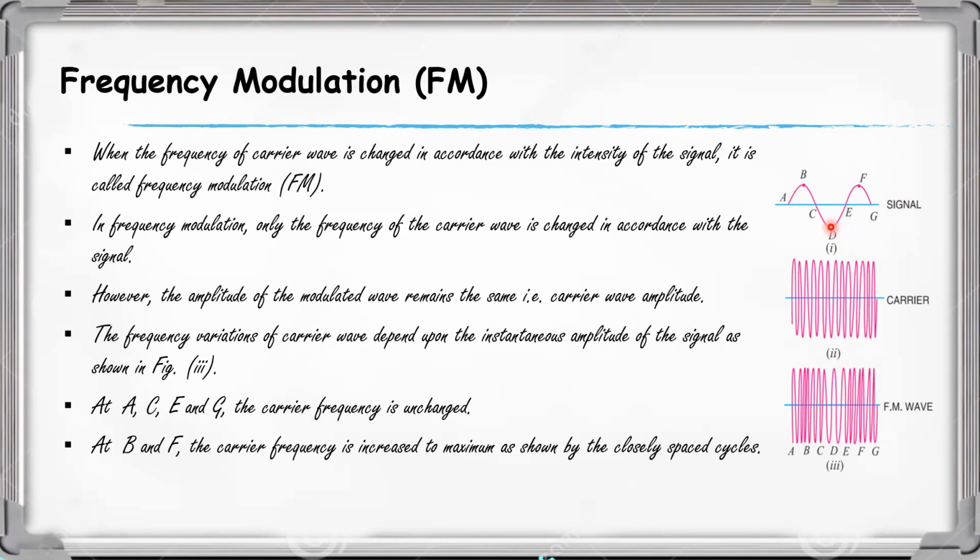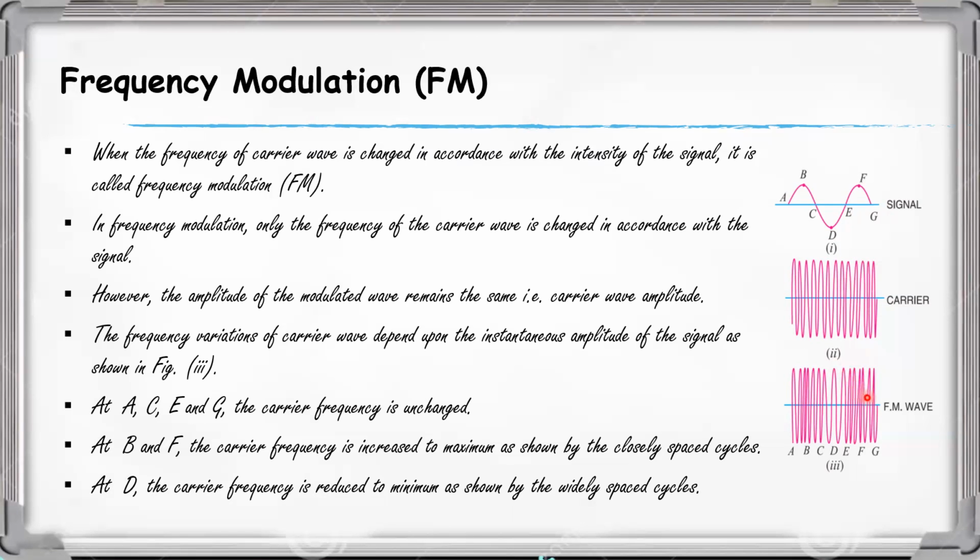And then the point D. Point D is the minimum amplitude. Then the carrier frequency is reduced to a minimum as shown in the figure. For minimum frequency, the wave is widely spaced, and for maximum frequency, it is closely spaced.